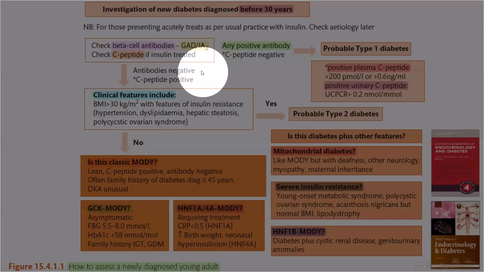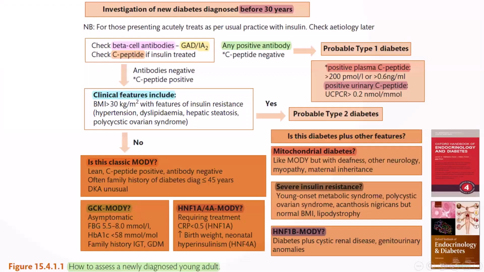If we have positive autoantibody with low C-peptide, in this situation, the probability of type 1 is very high. Don't forget that the C-peptide is not mandatory, and the beta cell antibody is not mandatory, if this is just in borderline cases. If we cannot conclude whether it is type 1, we can do beta cell autoantibody.